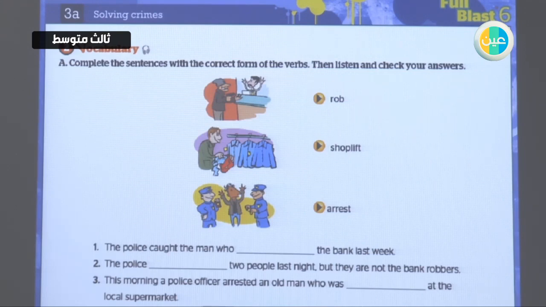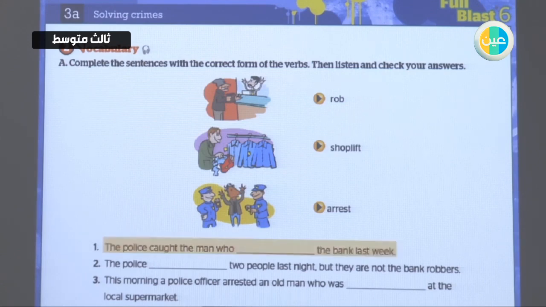Module 3, Challenge. 3A, Solving Crimes. 2, Vocabulary. A, complete the sentences with the correct form of the verbs. Then listen and check your answers. 1.